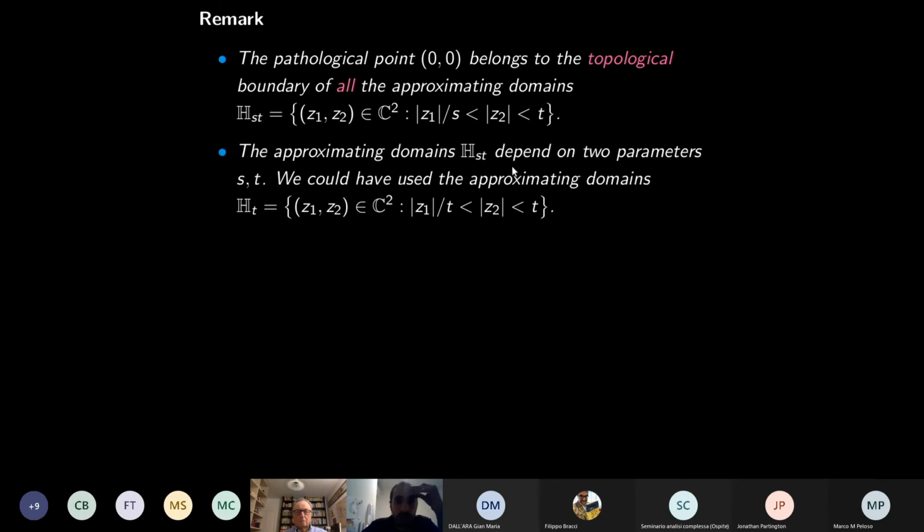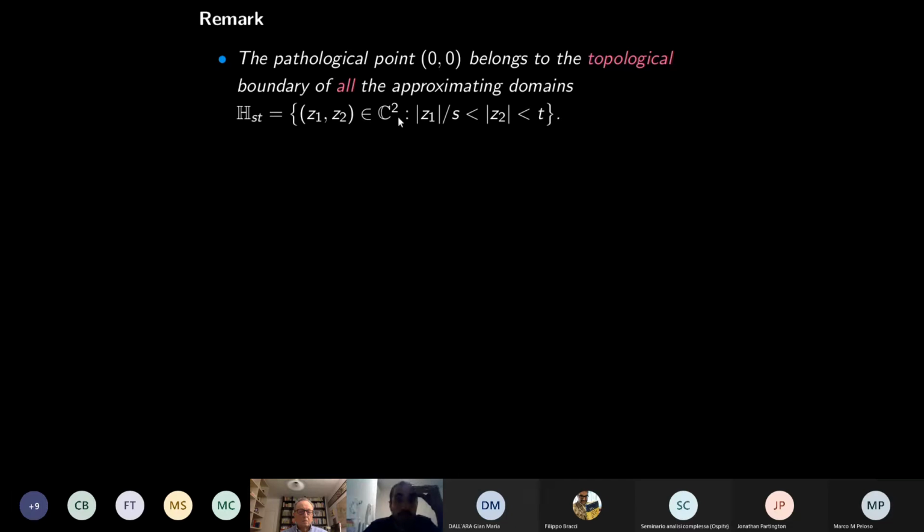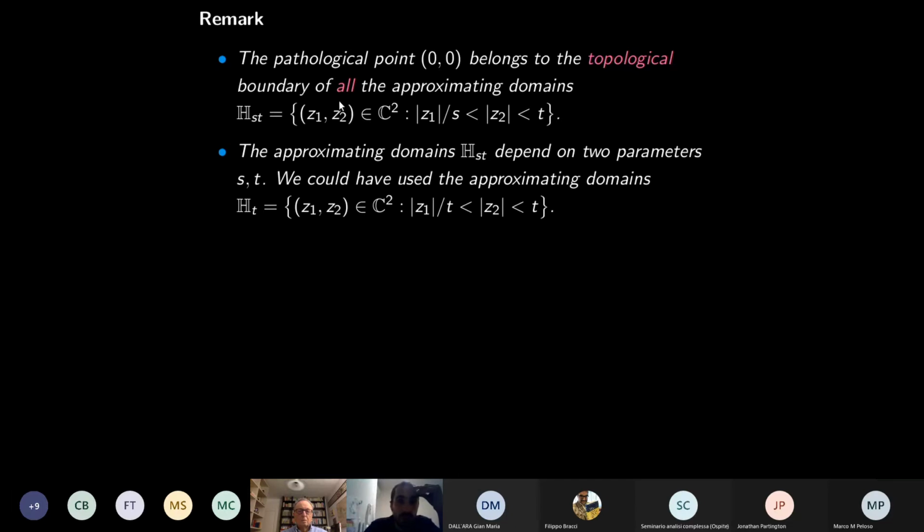So why do we consider this family of approximating domains? That depends. For instance, this family of approximating domains depends on two parameters. We could have considered a one-parameter family of approximating domains defined like this.